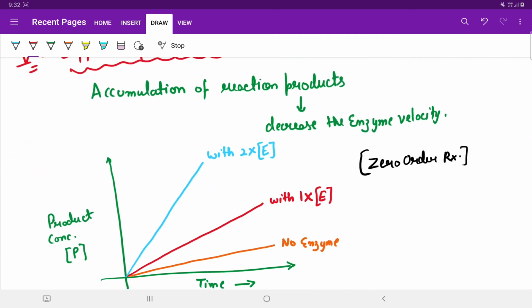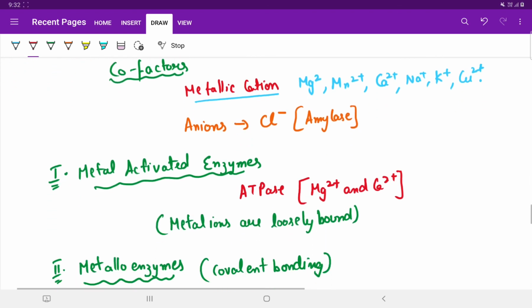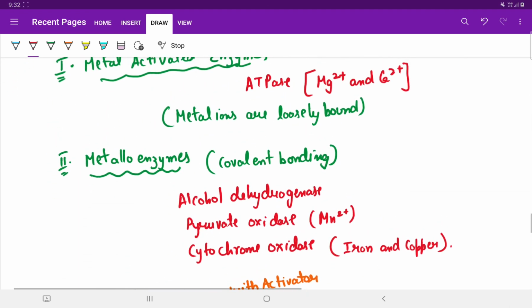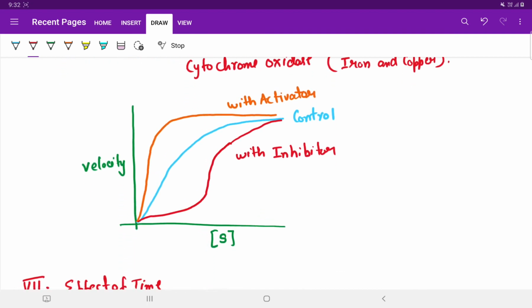Then the effect of product concentration, how the accumulation of product in a zero order reaction determines enzyme activity. Then comes the effect of activators, the metalloenzymes and the metal activated enzymes. You can see here the effect of inhibitor, control and activator. In this case you will also have to develop a keen understanding regarding inhibition and allosteric regulation.